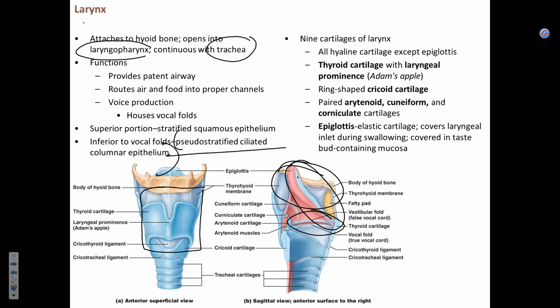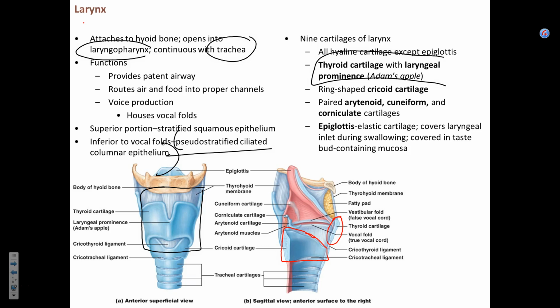Now, anatomically, cartilages of interest. So that's larynx right here. The Adam's apple is the prominence, so-called laryngeal prominence, of the thyroid cartilage. Okay? Now below it is cricoid cartilage.